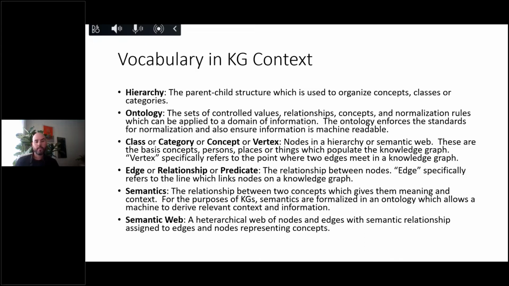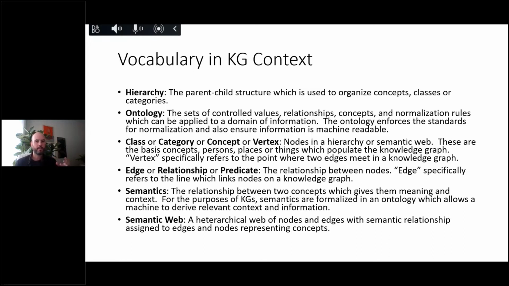Another term you might see to refer to the relationship between nodes is the predicate. Predicate is really a semantic term. We'll look at this in a little bit more detail, but semantics, just like diagramming a sentence, helps you determine the relationship between the subject and the object.